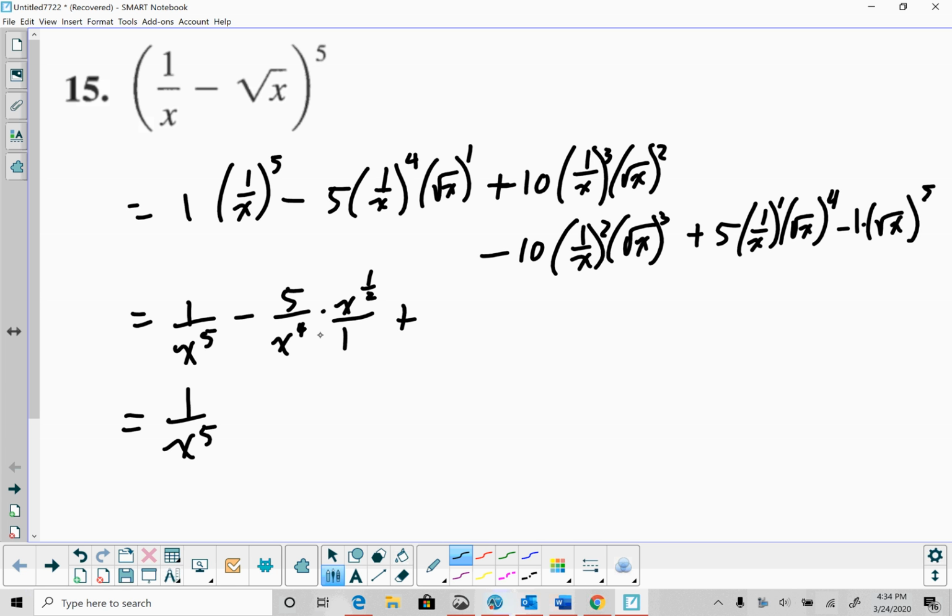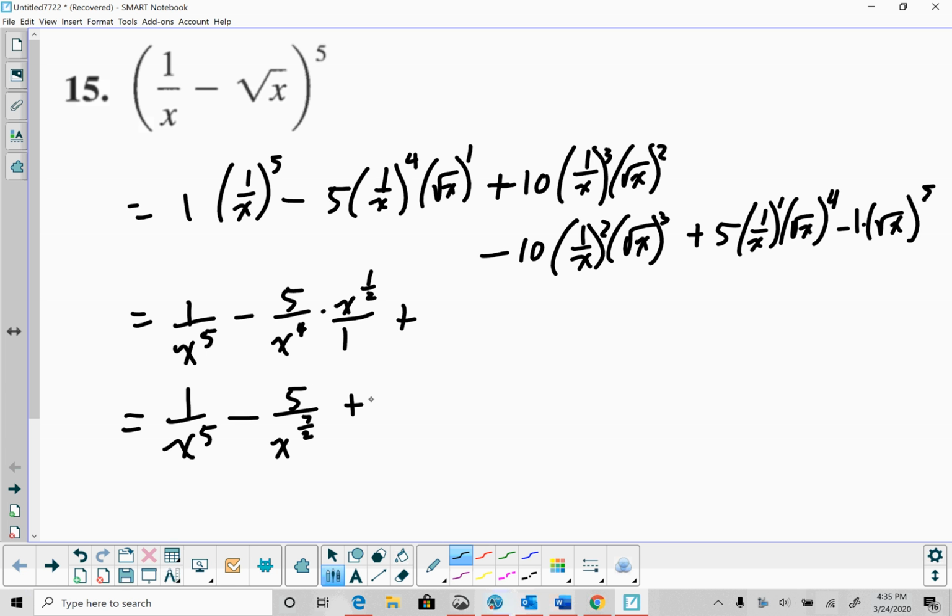So 1/2 minus 4 will give us negative 7/2. But again, hopefully you remember we're going to write it using only positive exponents. So we'll put that 7/2 in the denominator and say that's as simplified as it's going to get.